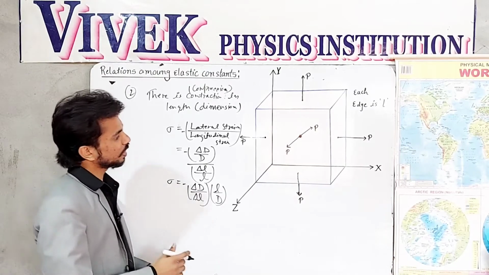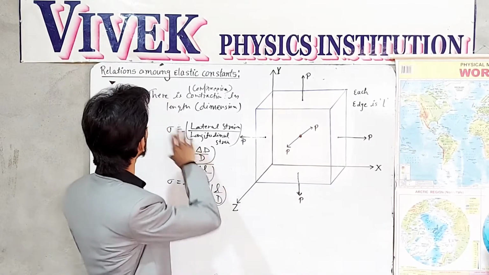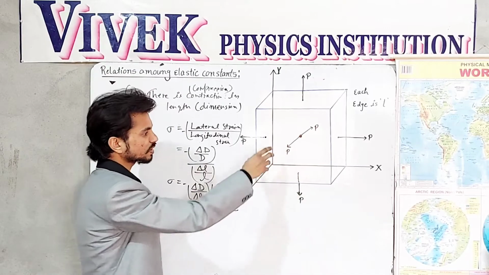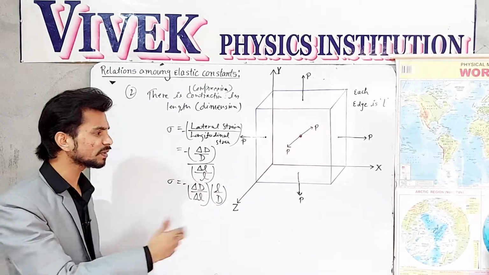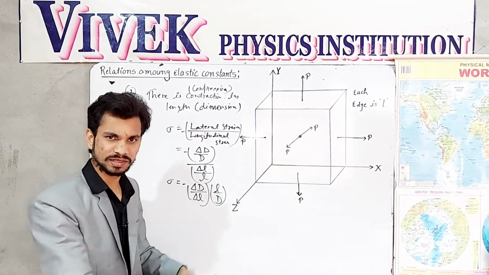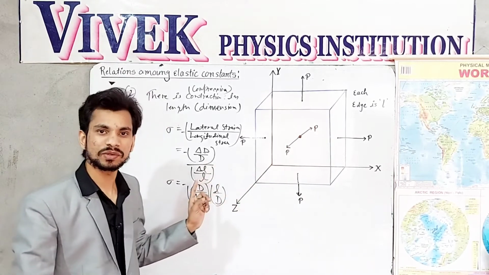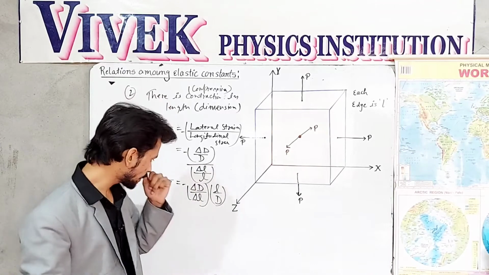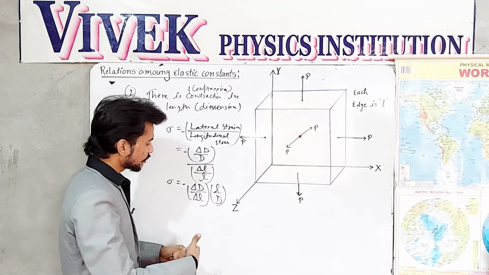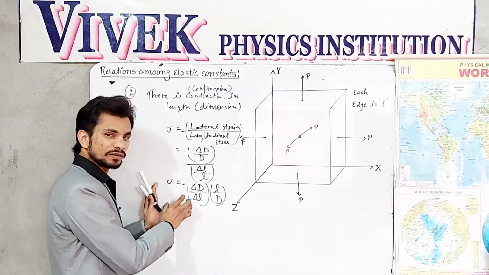When I discuss the relations among elastic constants for this particular cube, there will be a contraction in one edge, which we will discuss later. So I will take the Poisson ratio here, and in that condition you can also relate this formula with the normal stress.